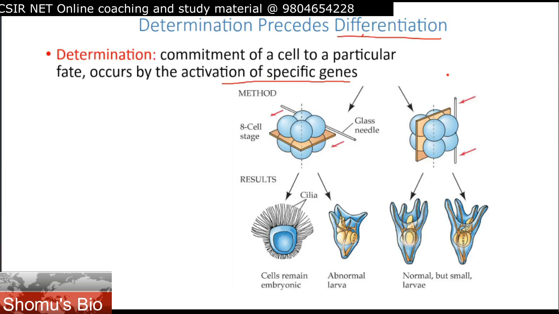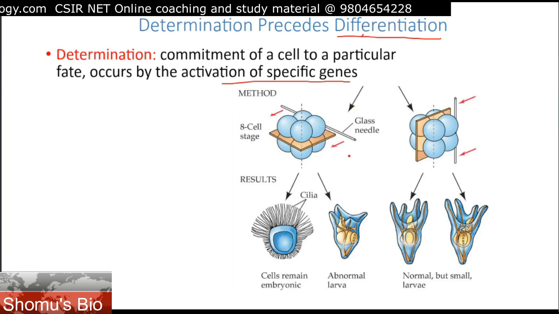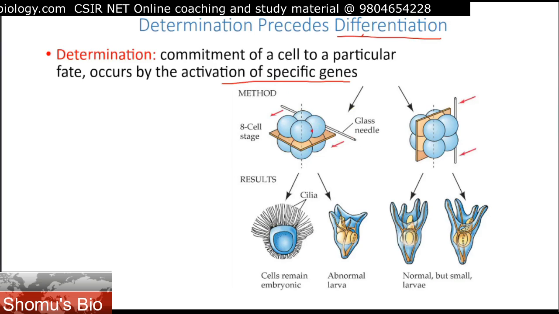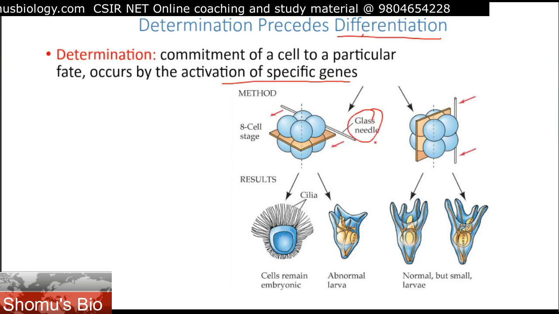So for different organisms, the distribution of their genetic material in the zygote is different. For example, if you look at this experiment where we're looking at the 8-cell stage, we can separate 4 cells from each other with a glass needle, either horizontally or vertically.